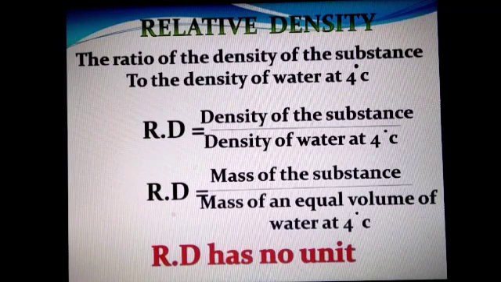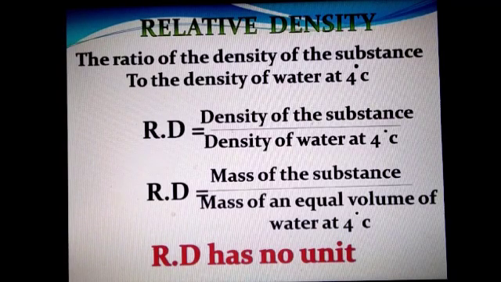Treating it as a standard, the density of a substance can be compared with the density of water at 4 degrees Celsius, and the ratio so obtained is termed the relative density of that substance. Thus, the relative density of a substance is the ratio of the density of that substance to the density of water at 4 degrees Celsius.